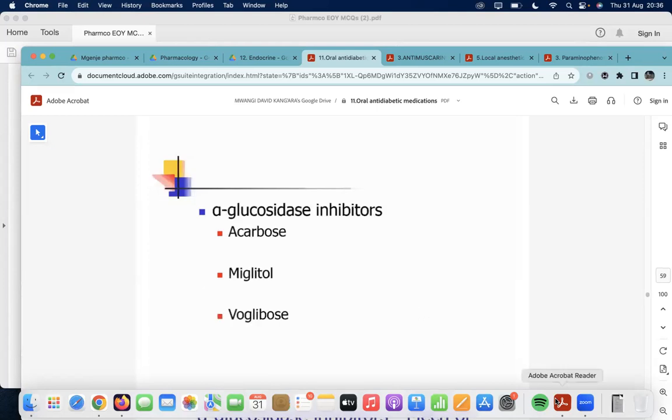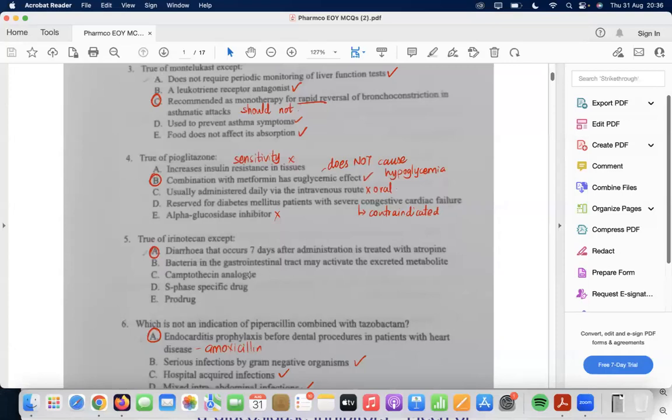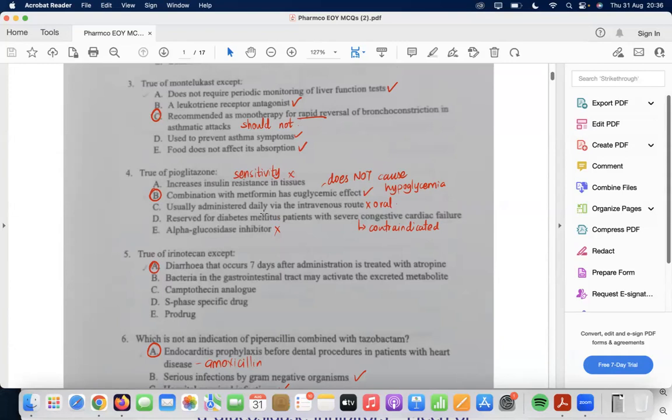So the question was asking, true of pioglitazone. It increases insulin resistance in tissues. No, it should cause an increase in insulin sensitivity in order to lower the blood sugar levels to normal.